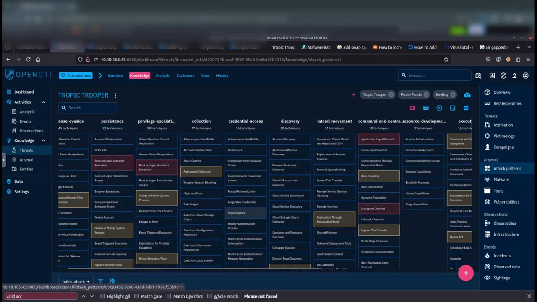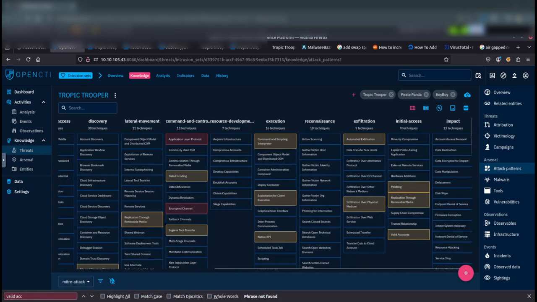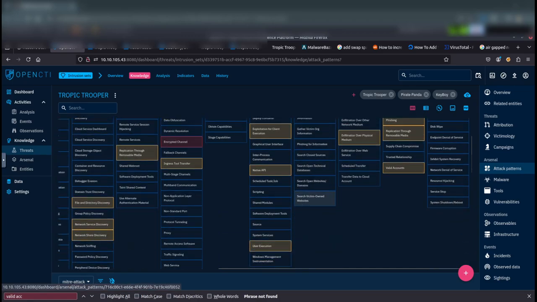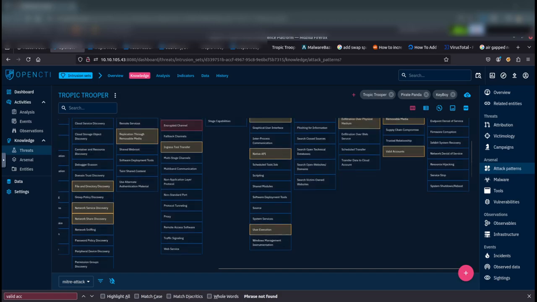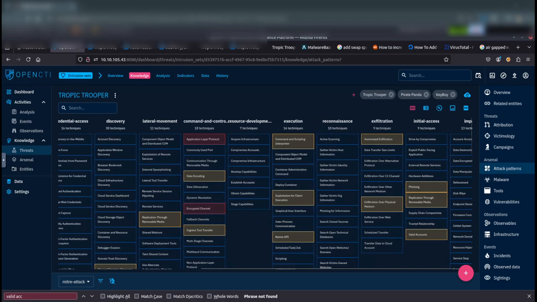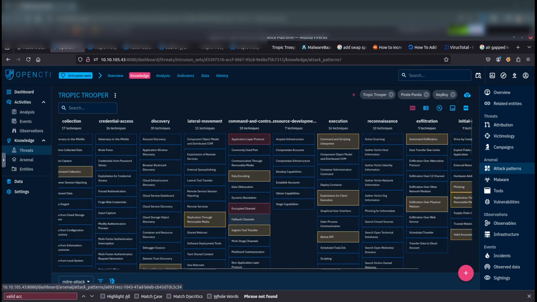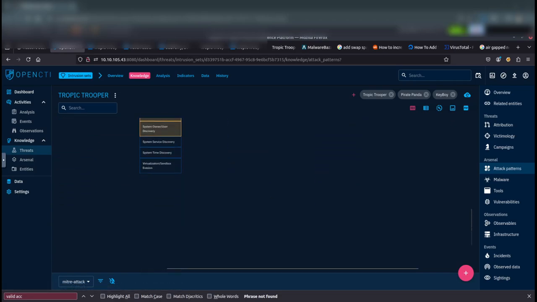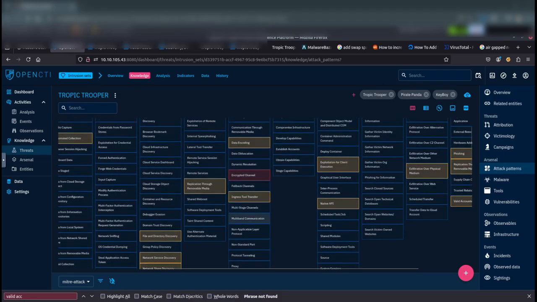So we have initial access. Next one we have, search, valid account.